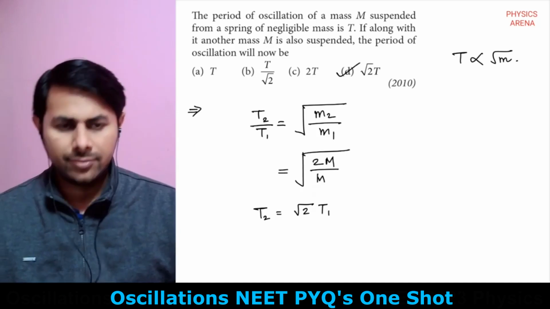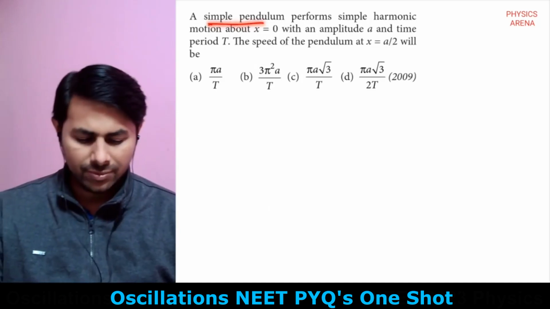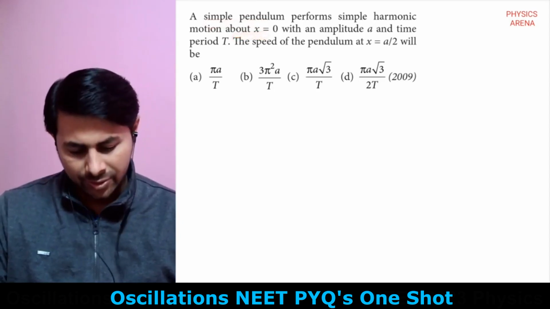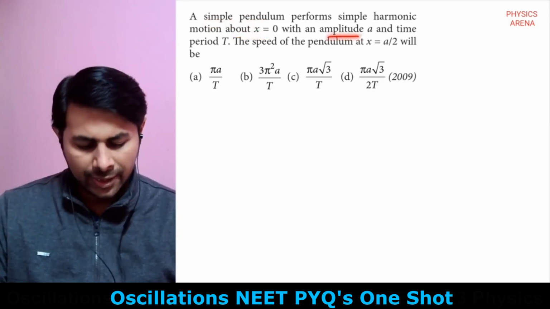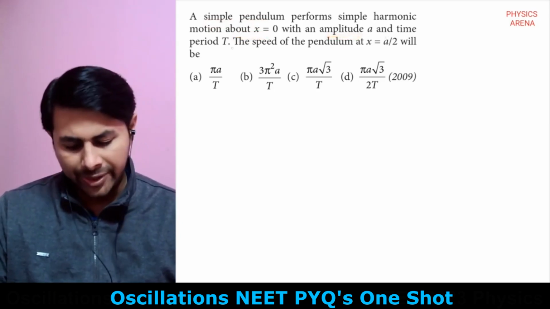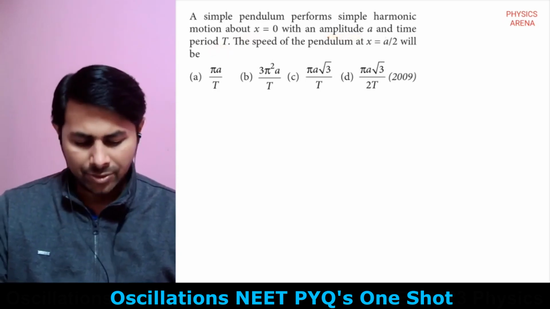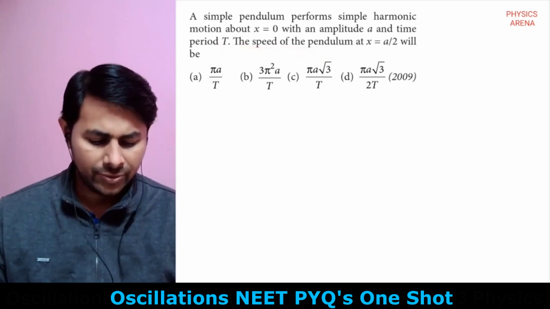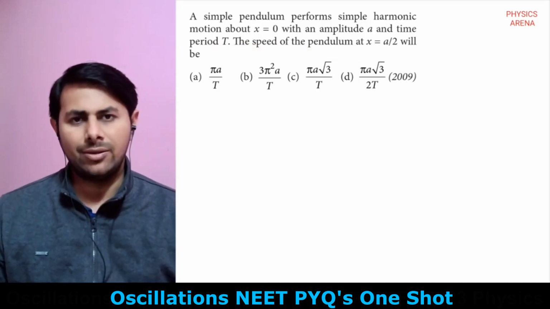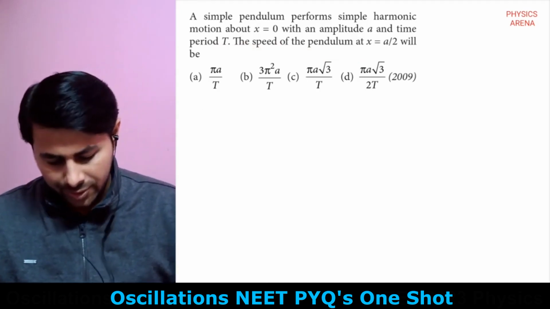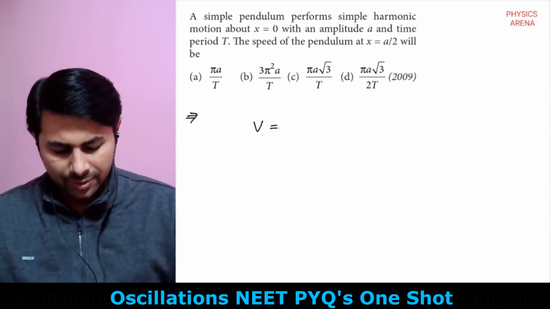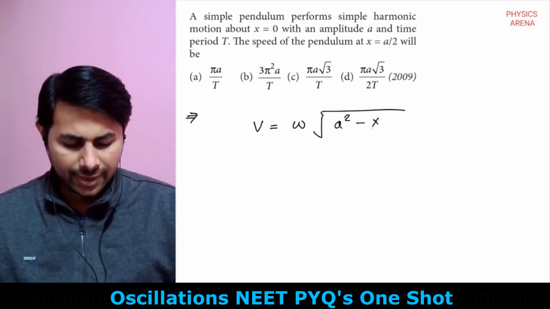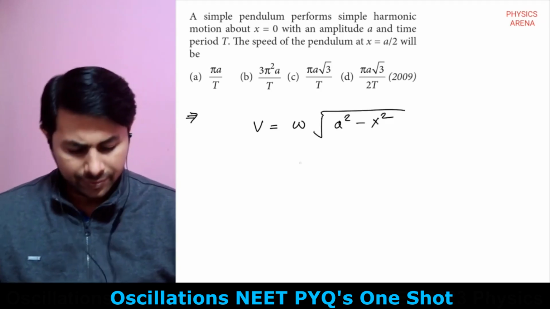Option D. A simple pendulum performs simple harmonic motion about x equal to 0 with an amplitude A and time period T. Amplitude is given, time period is given. The speed of the pendulum at x equal to A by 2 will be? So speed is given by omega square root of a square minus x square.